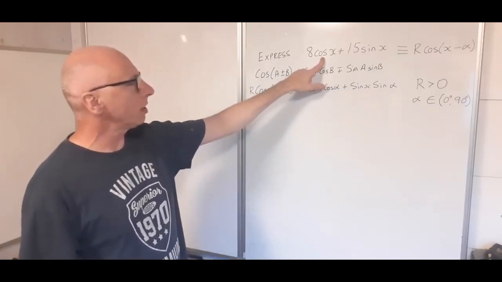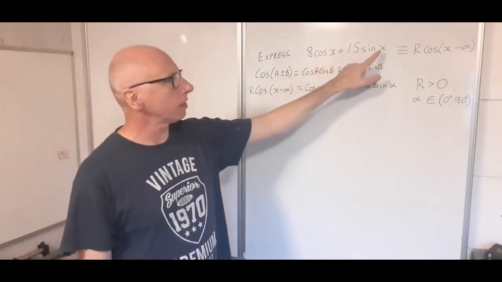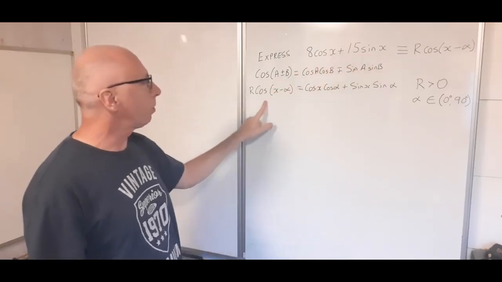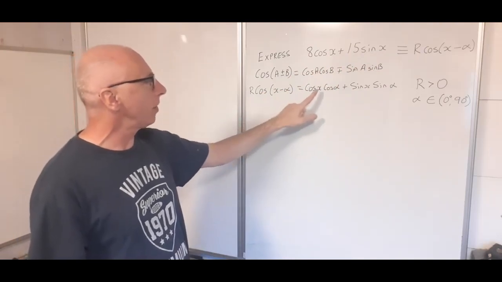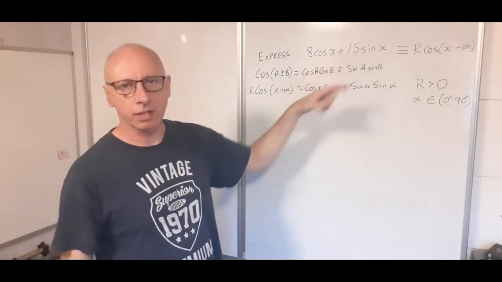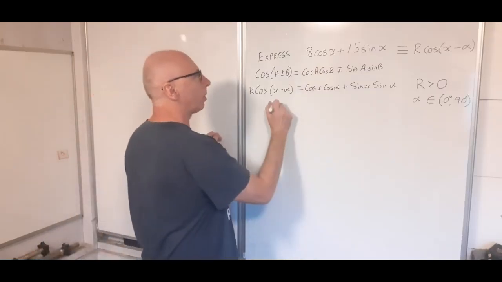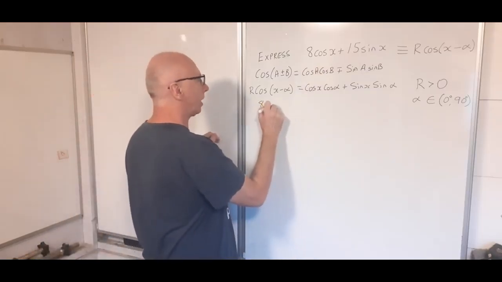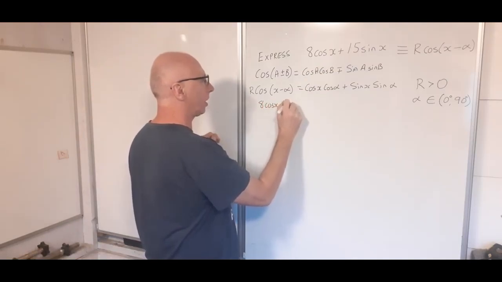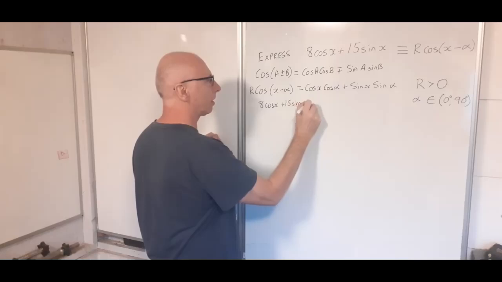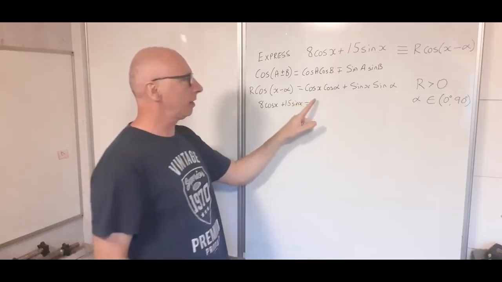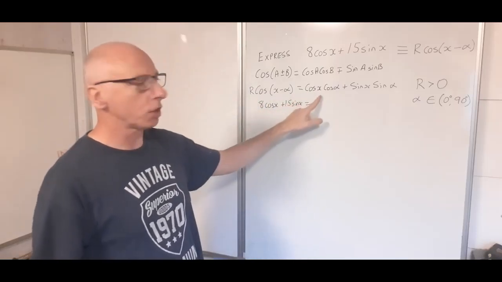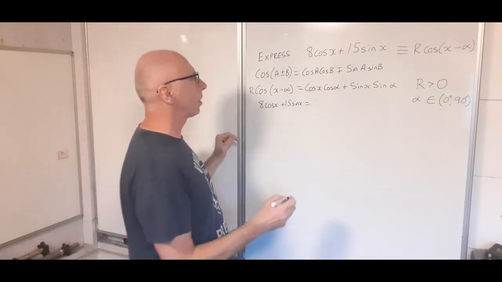So there's our stuff to work with. Now we're using this 8 cosine x plus 15 sine x. So what we want now is to have this equal to this somehow. So if I just write this here now, 8 cosine x plus 15 sine x, and then we just write inside here our r value, because we need to multiply this by some sort of constant.